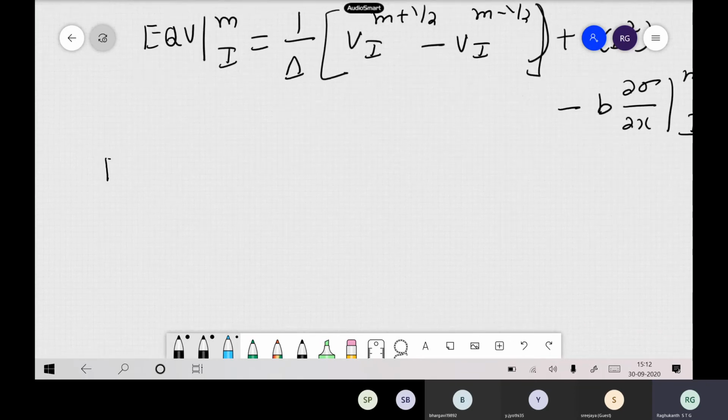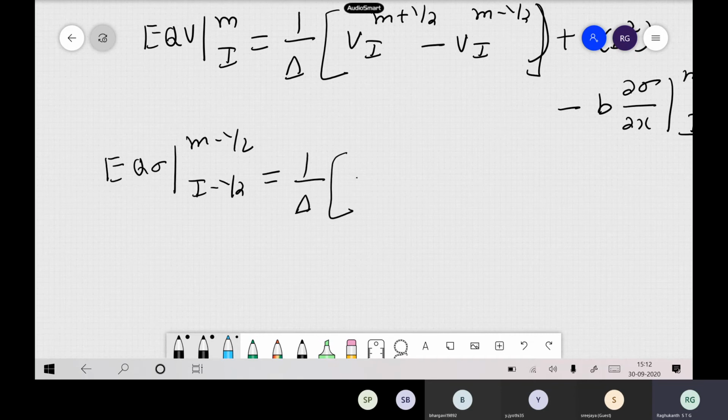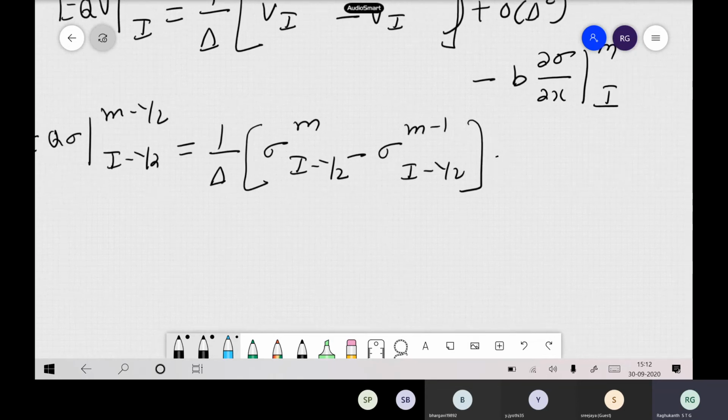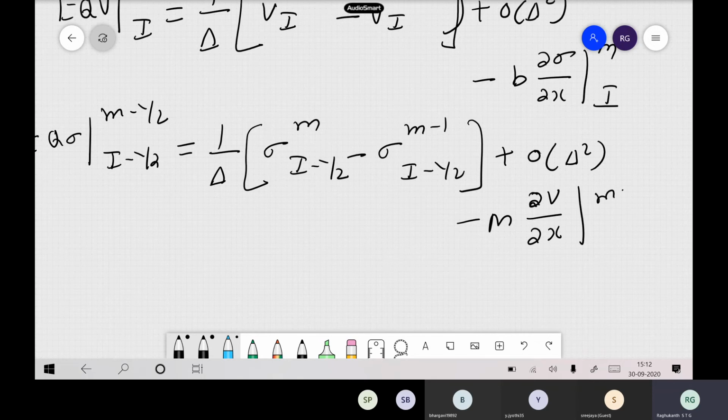The second equation, the sigma equation at m minus half, i minus half, we can also write as 1 by delta, sigma at i minus half, minus sigma at m minus 1, i minus half. So the temporal derivative we have substituted, the spatial derivative we are not substituting, minus m into dou v by dou x at m minus half, i minus half actually.